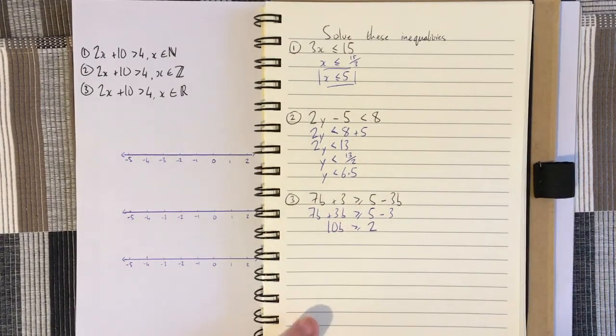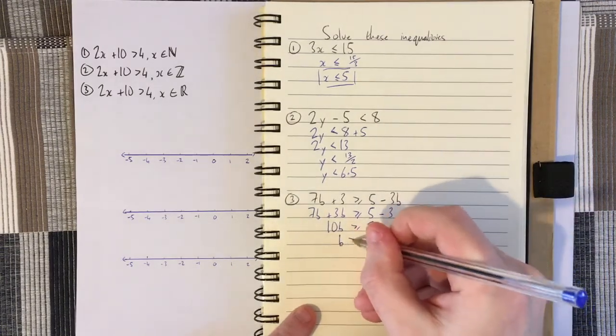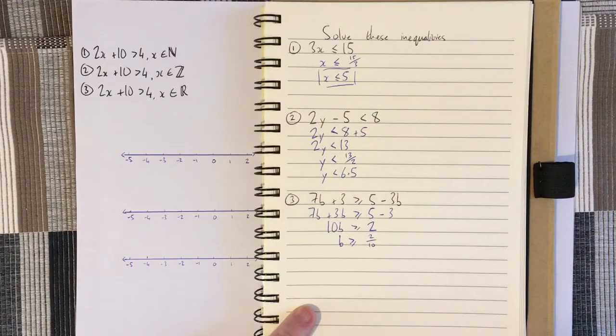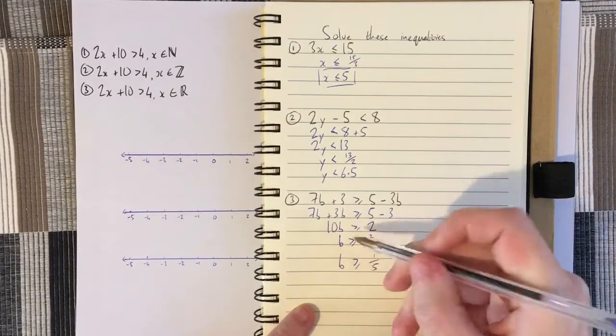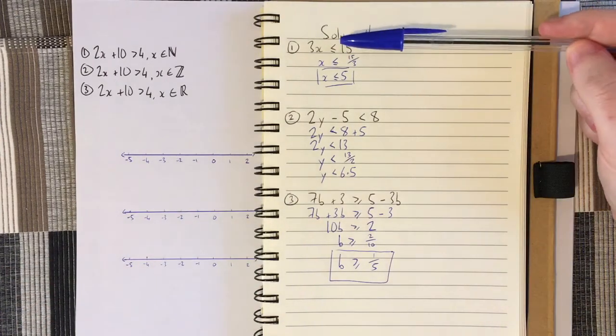So 10b is greater than or equal to 2. Divide both sides by 10. b is greater than or equal to 2 over 10. Simplify the fraction, so b is greater than or equal to 1 over 5. And that's you done.